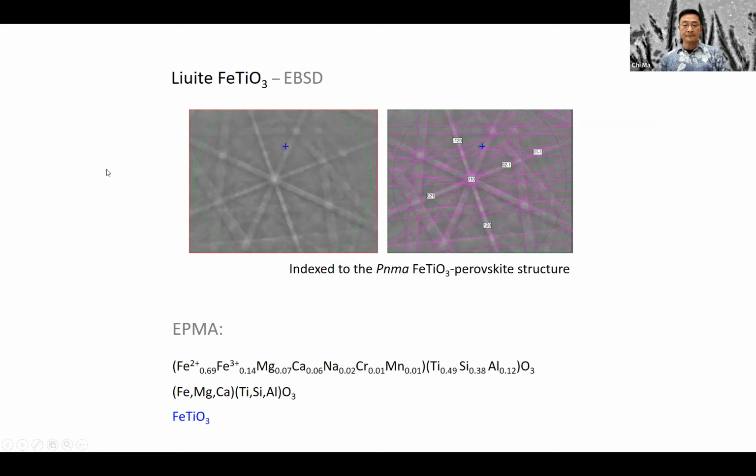Leweite has this perovskite structure, and here is the empirical formula. Actually, it contains a fair amount of silicon on the titanium side. Let's make it really, really interesting.